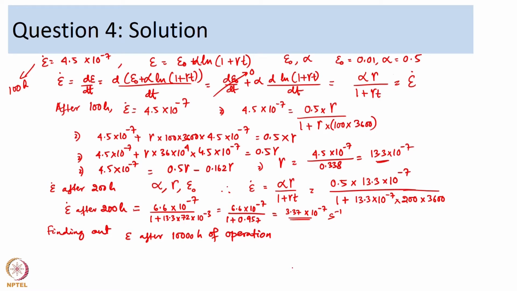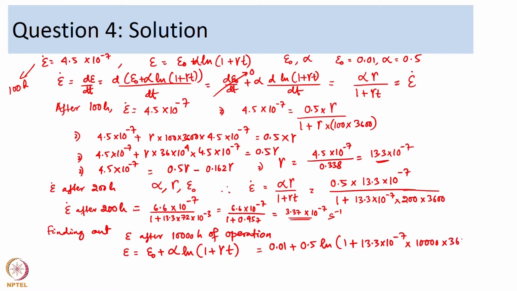All that we have to do is input the epsilon naught value, alpha value and then find out ln of 1 plus gamma t. We know epsilon naught is 0.01 and alpha is 0.5, gamma is 13.3 into 10 to the power minus 7 and time is 10,000 hours, so it is 10,000 into 3600.